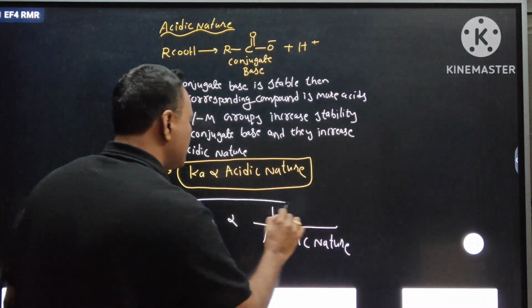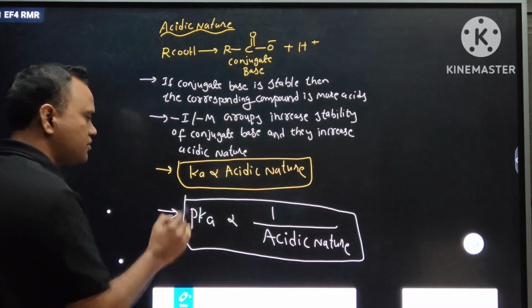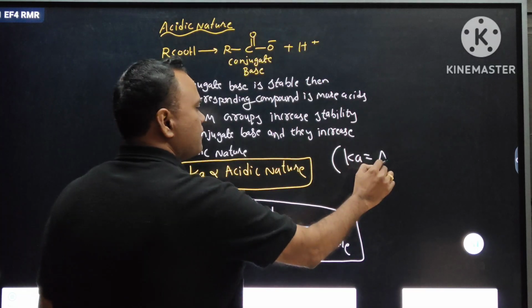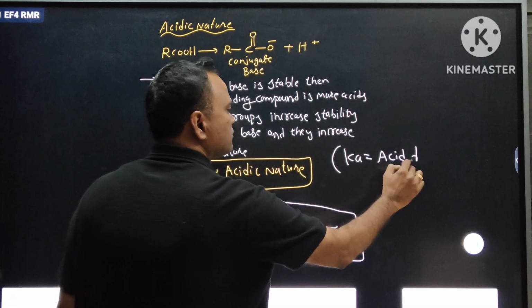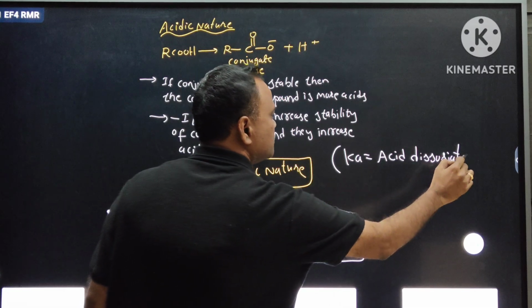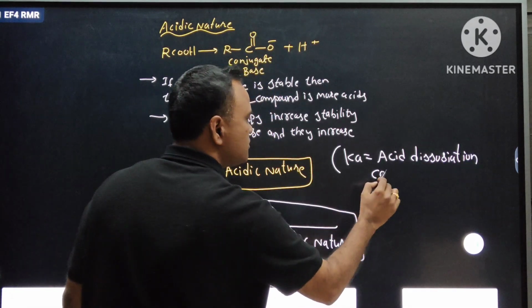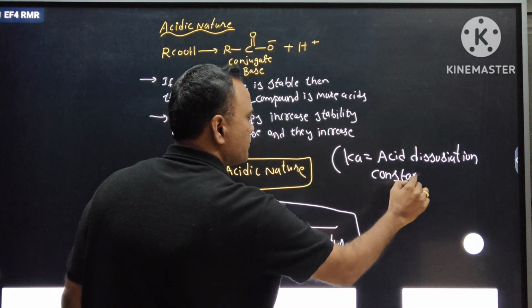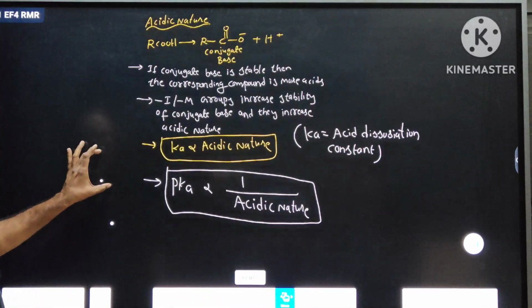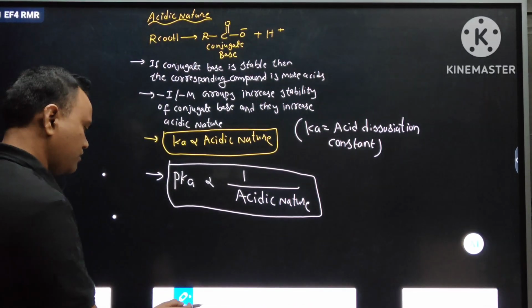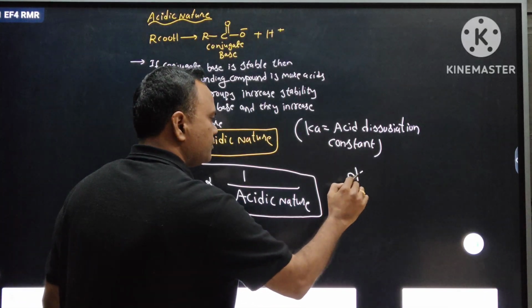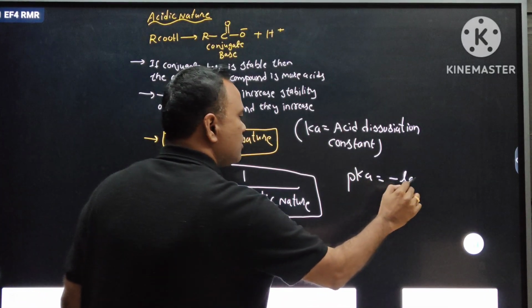Ka means acid dissociation constant. Ka stands for acid dissociation constant. pKa means negative logarithm of Ka. pKa is equal to minus log Ka.